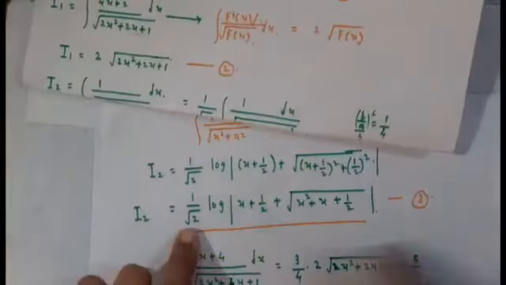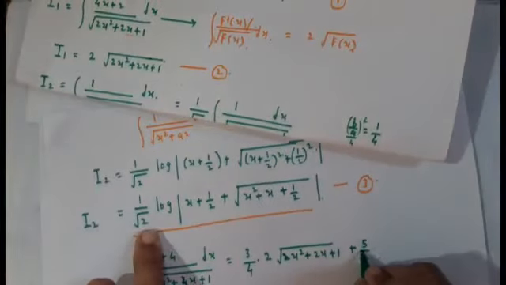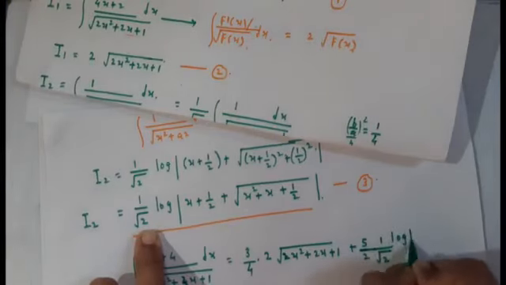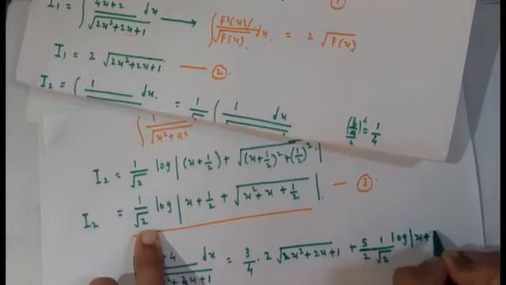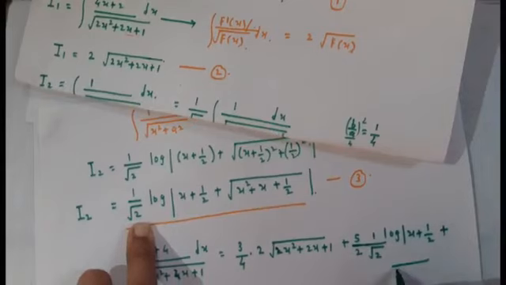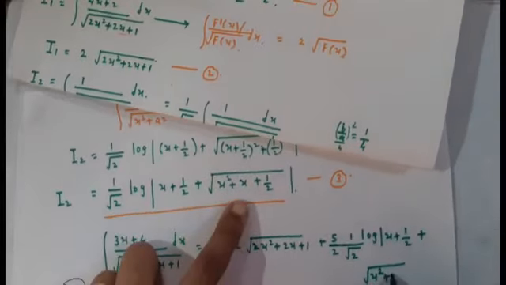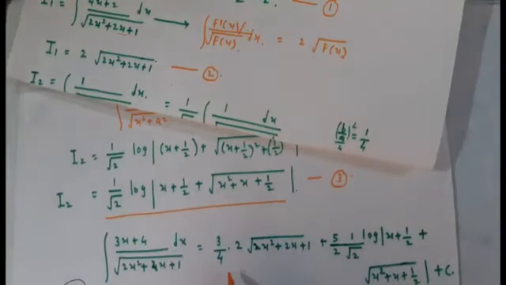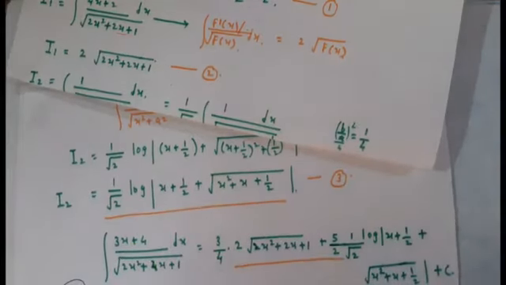The value of I2 we have found out is 1 upon square root of 2 log of x plus 1 by 2 plus square root of x square plus x plus 1 by 2, plus constant of integration c, and this much is the solution of the given problem.